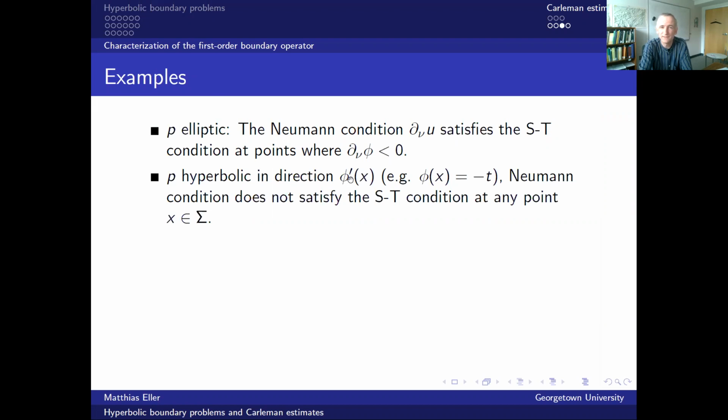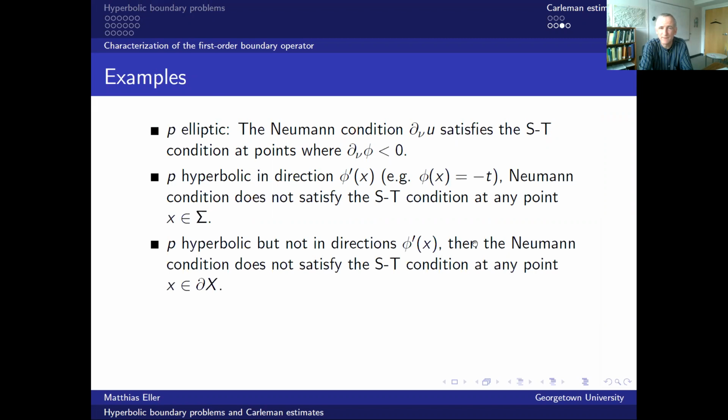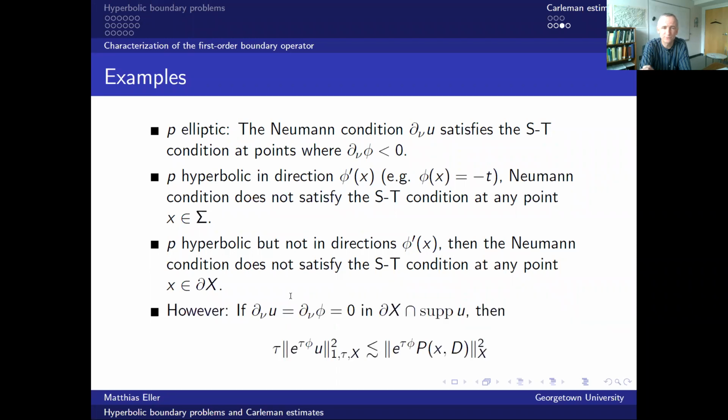If it's hyperbolic in the direction of propagation, the Neumann condition doesn't satisfy the Sakamoto-Tataru condition, because it's essentially just Sakamoto's condition. But also if it's hyperbolic but not in the direction of phi prime, which is what I'm interested in for unique continuation, then the Neumann condition does not satisfy the Sakamoto-Tataru condition.